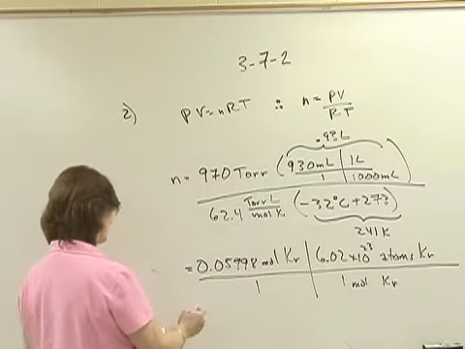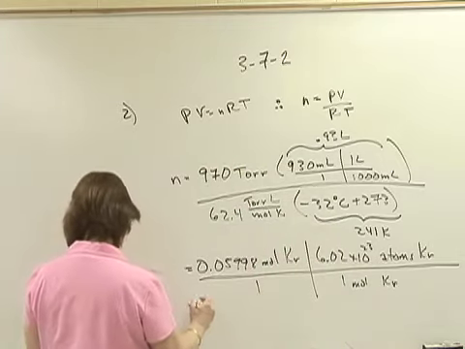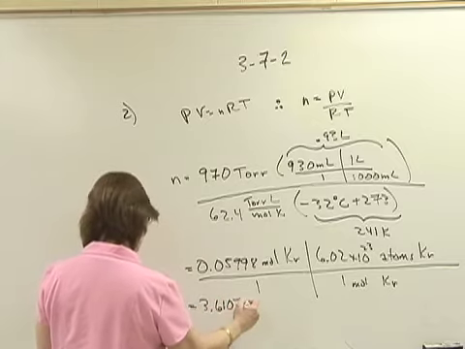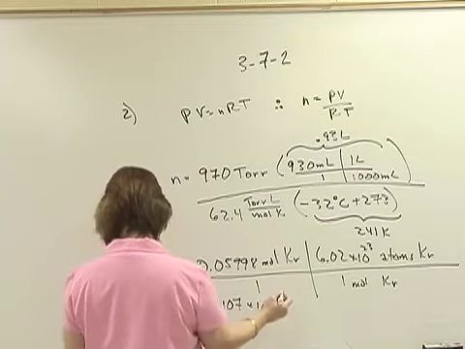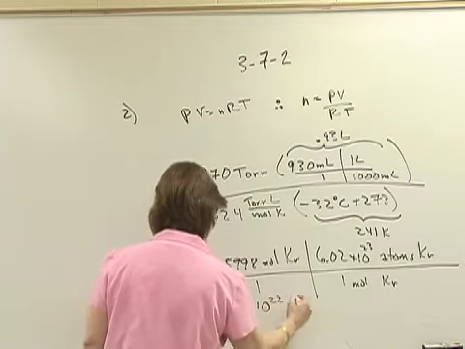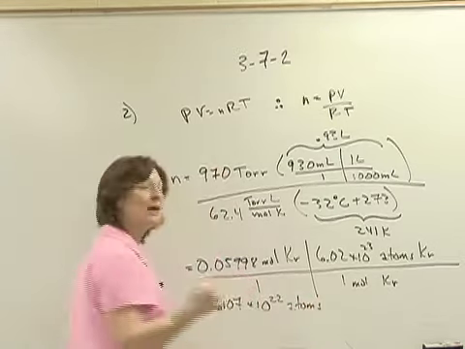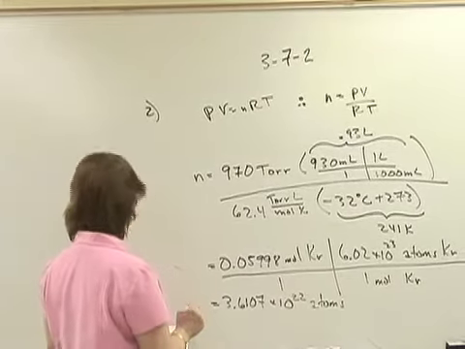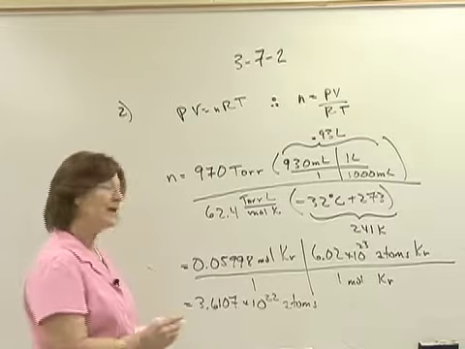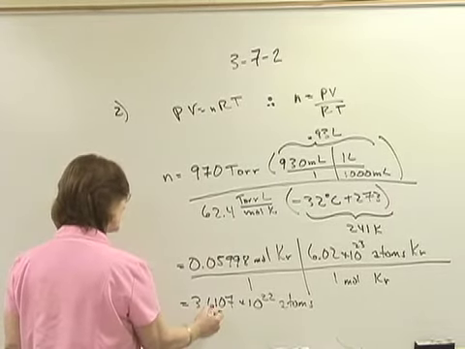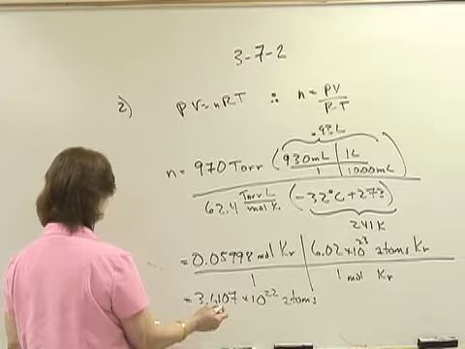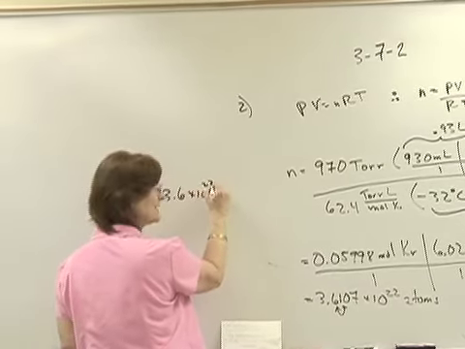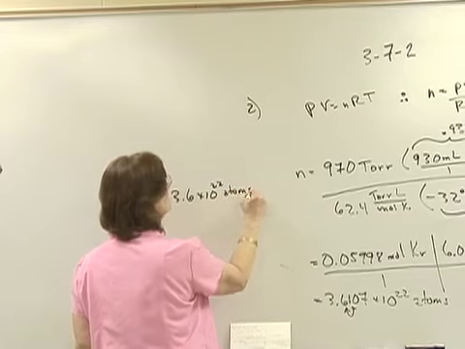And when I do the math for this, I'm going to get 3.6107 times 10 to the 22nd atoms. And I look back to my original problem for the number of significant digits that should be in my answer, and that would be 2. And therefore the 1 does not round the 6 up, and my final answer is 3.6 times 10 to the 22nd atoms of krypton.